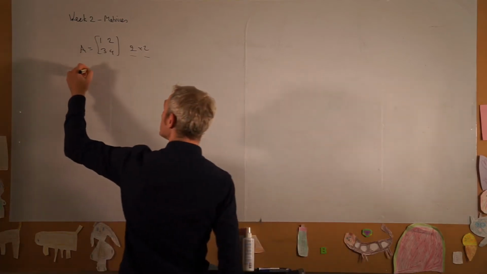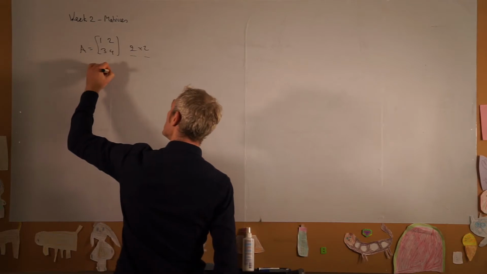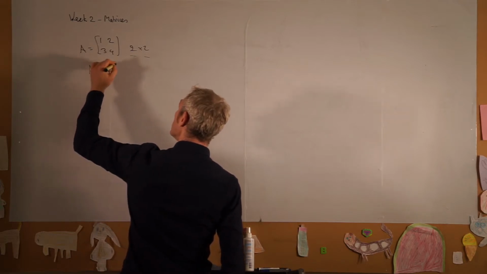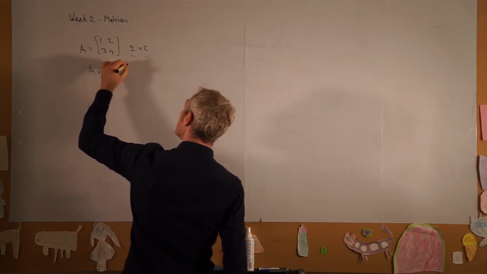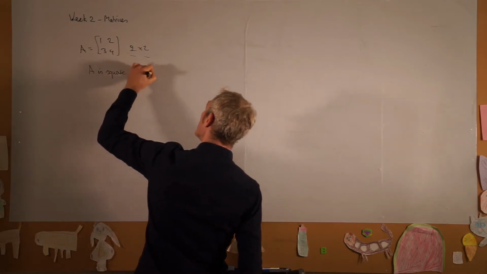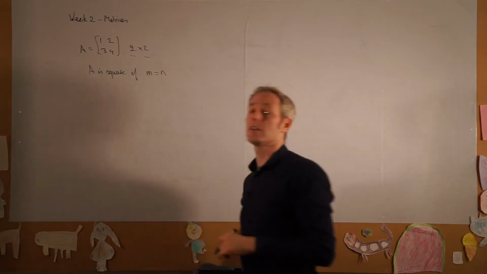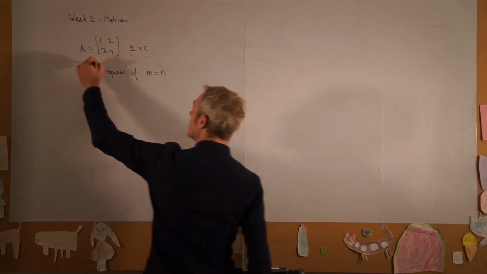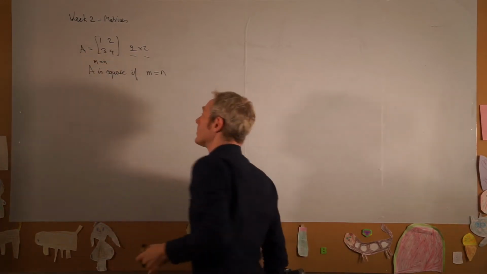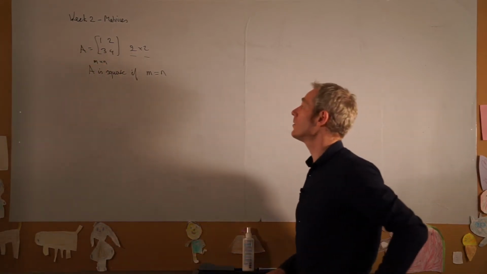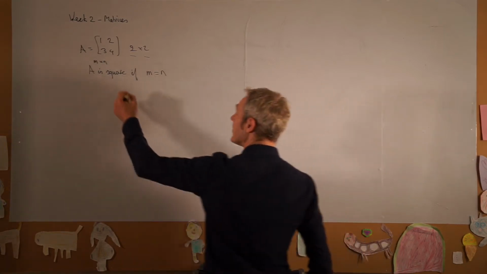So a matrix A is square if the number of rows equals the number of columns, and this then is an m times n matrix. So if the number of rows and columns are equal, it is called square.